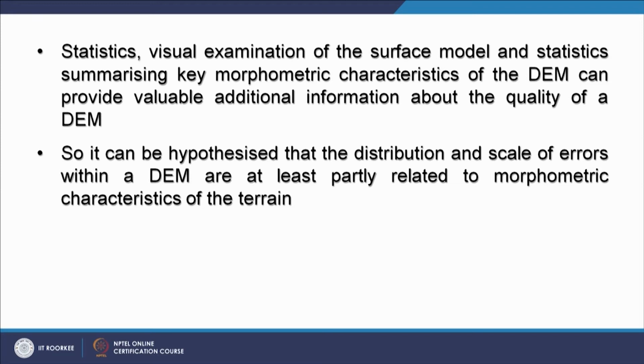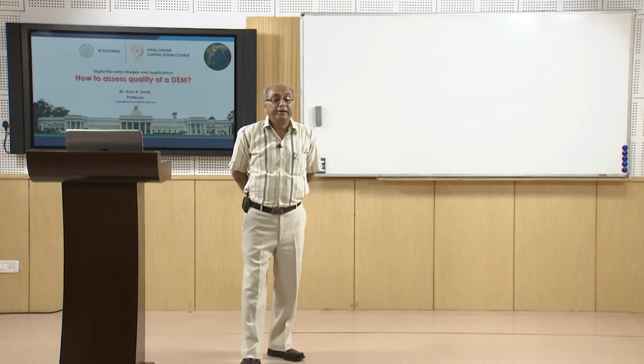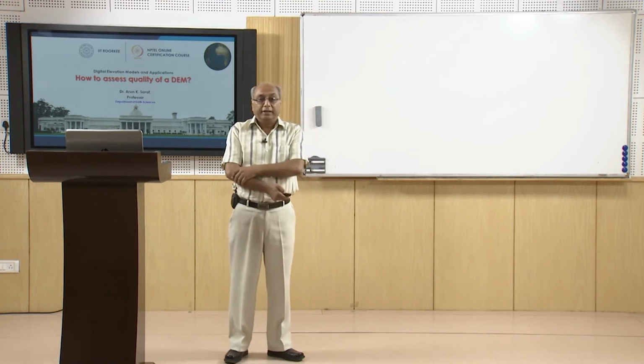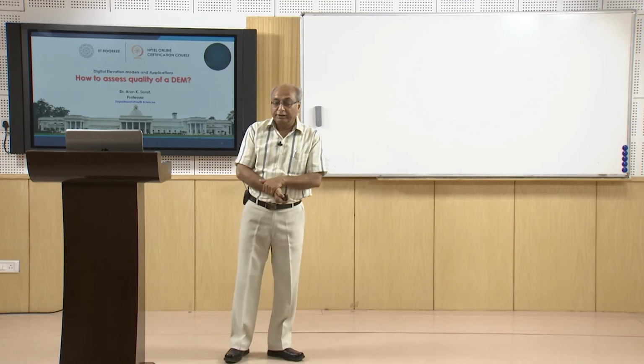So the features which are present will tell us how the errors are distributed, what the scale of errors is, and so on. An accuracy surface would give a better representation of the distribution of error within a DEM than a single RMSE value. So this is equally important while assessing the quality of a digital elevation model.